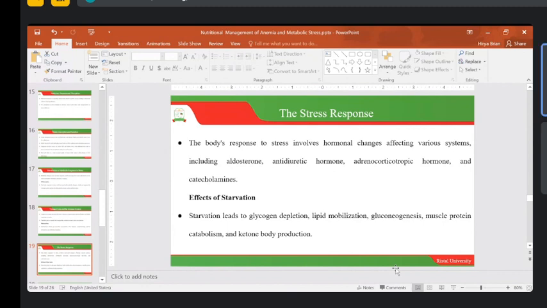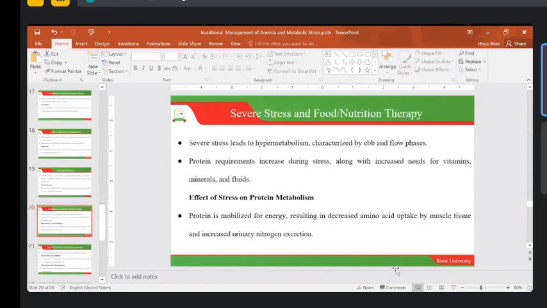Muscle protein catabolism is the breaking down of the protein formed in the muscles, leading to wasting, etc., and also ketone body production. We talked of ketone bodies being the byproduct of metabolism of protein. So these ketone bodies will soon lead to ketoacidosis and then also further impair the individual.